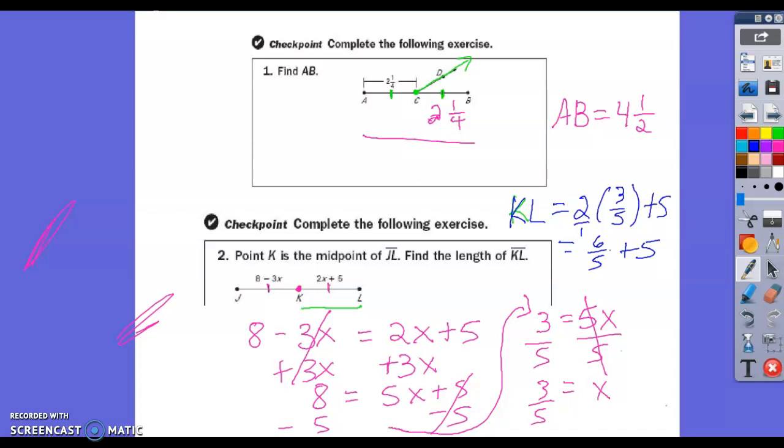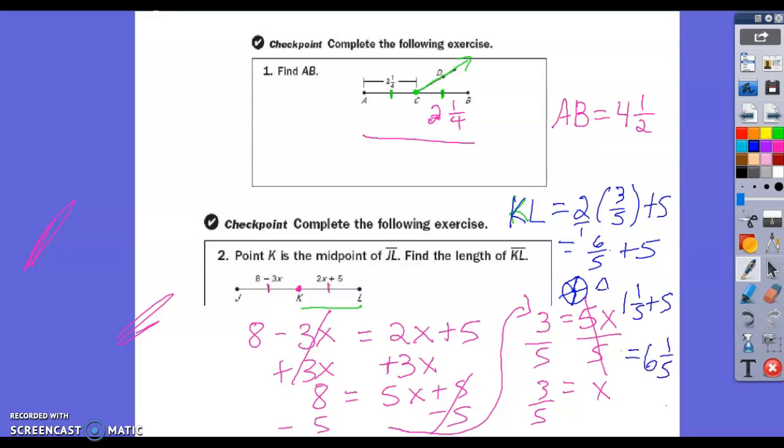So 6/5 is, if I took a circle, oh my God, that's terrible, isn't it? Horrible. I should never teach art. All right, there's a circle with 5/5. And then we have an extra fifth, right? So 6/5 is 1 whole and 1/5. So that's 1 and 1/5 plus 5. So that equals 6 and 1/5.